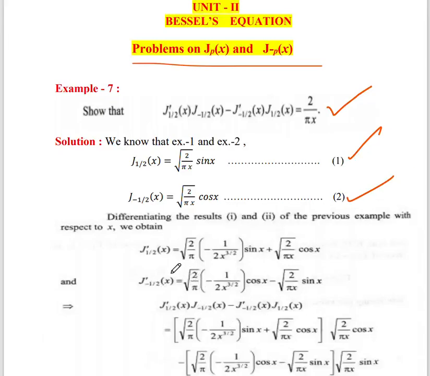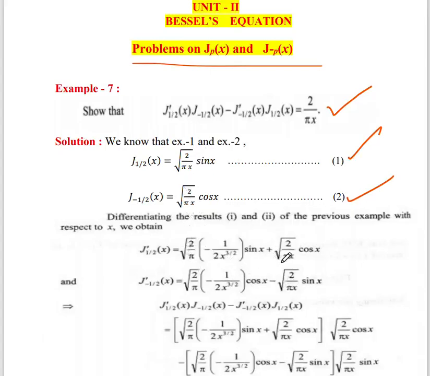We get J dash, meaning the derivative with respect to x. So J dash half of x equal to root 2 upon pi, and this root 2 upon pi is a constant term, into sin x upon root x.